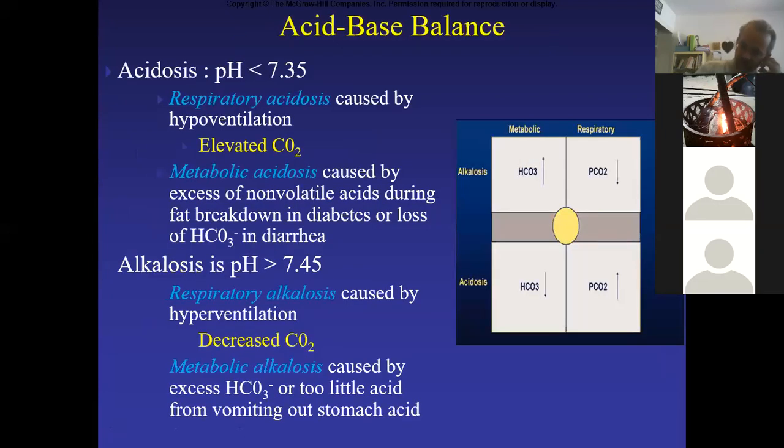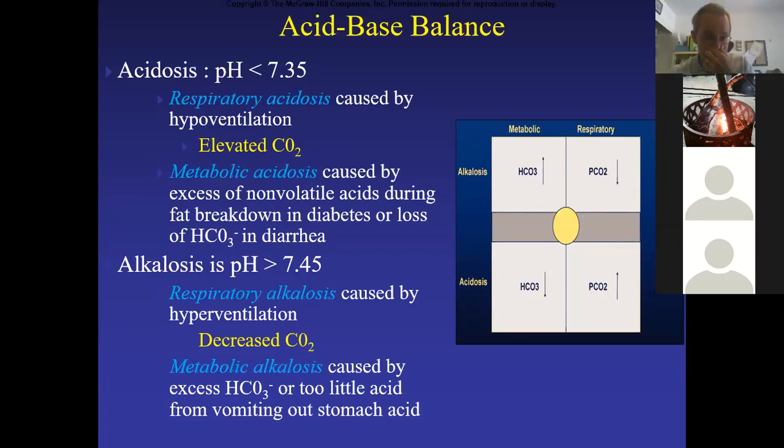All right, so all this talk about pH and respiration. pH is one of those really important homeostatic mechanisms in our body, and if that regulation goes awry, it's a problem. We can have a disruption where the pH is too low, which is known as acidosis, or where the pH is too high, alkalosis.